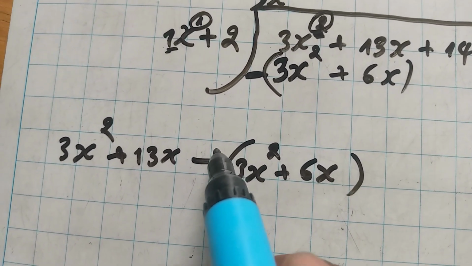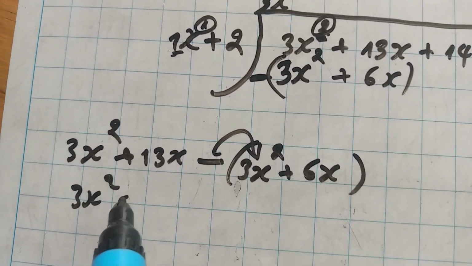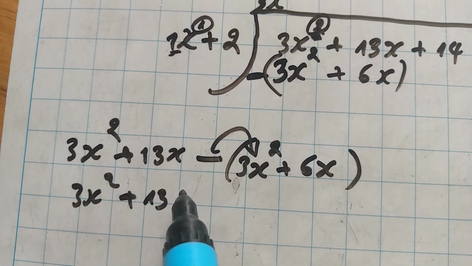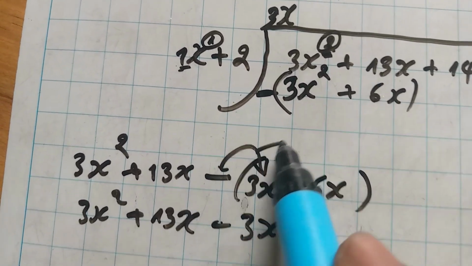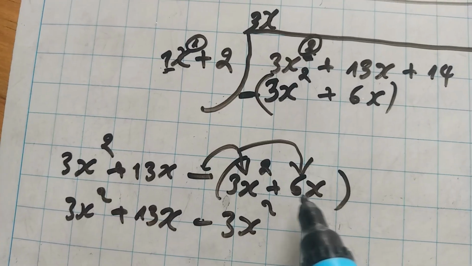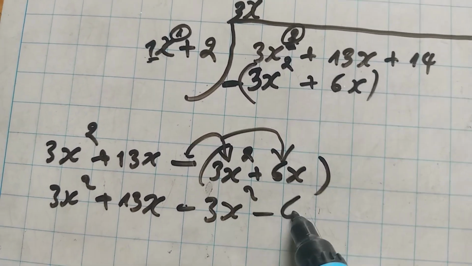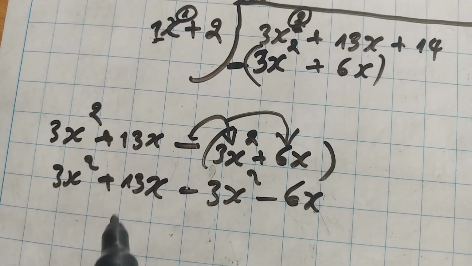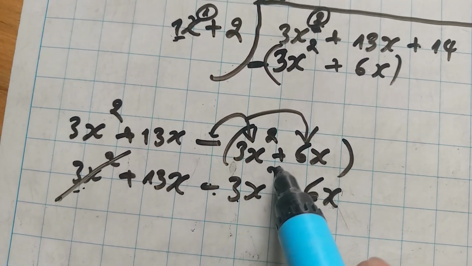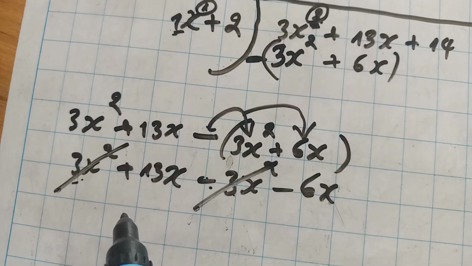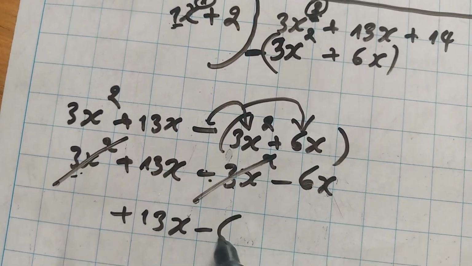Since this minus is going to multiply here, we will have 3x squared plus 13x minus 3x squared. Then this minus is going to multiply this plus 6 to be negative. Then we have 6x. So this 3x squared is simplified with negative 3x squared to remain with plus 13x minus 6x.